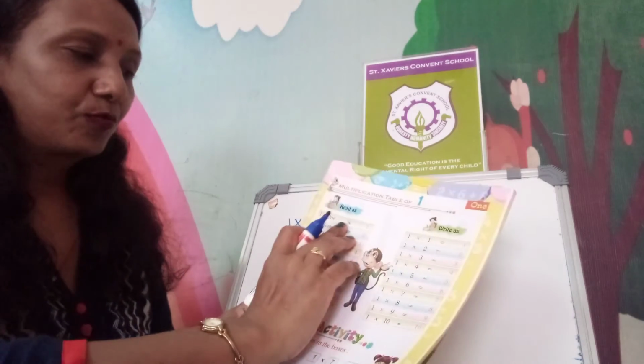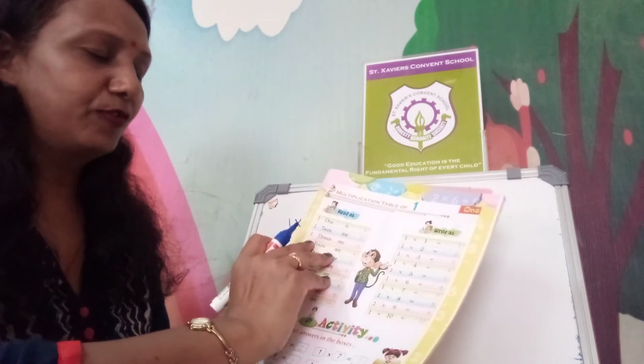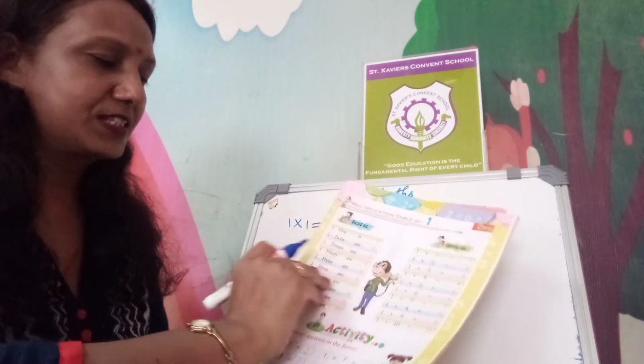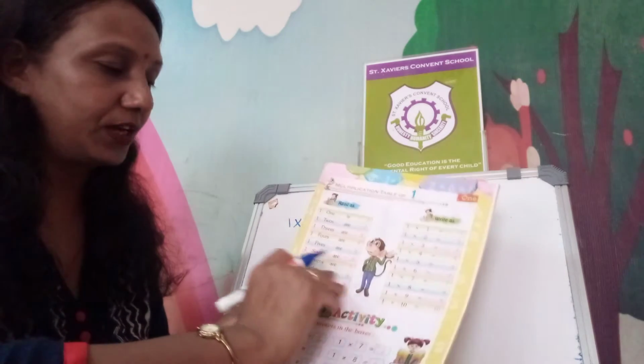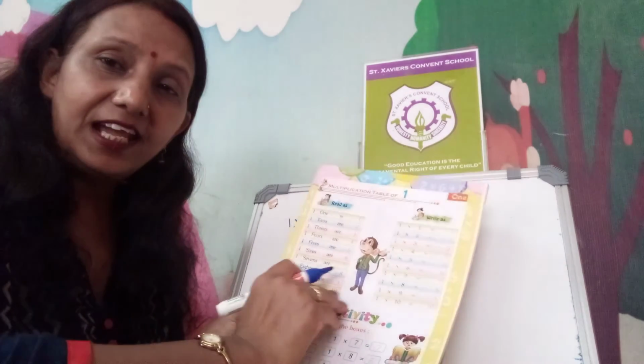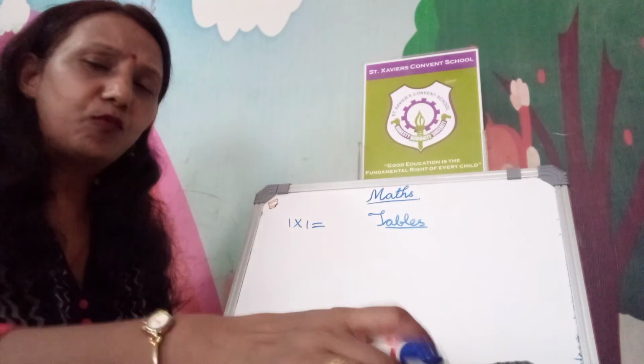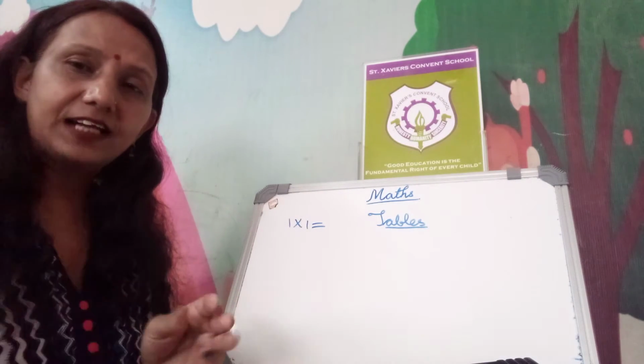1 1 is 1, 1 2s are 2, 1 3s are 3, 1 4s are 4, 1 5s are 5, 1 6s are 6, 1 7s are 7, 1 8s are 8, 1 9s are 9, 1 10s are 10. So counting started from 1 till 10, and we just kept adding 1.